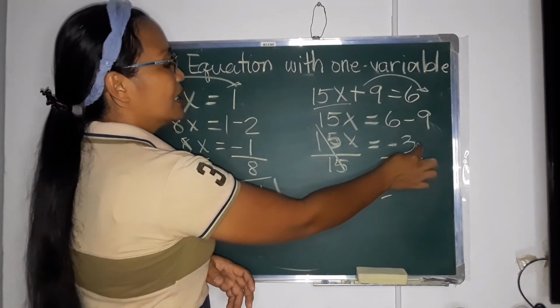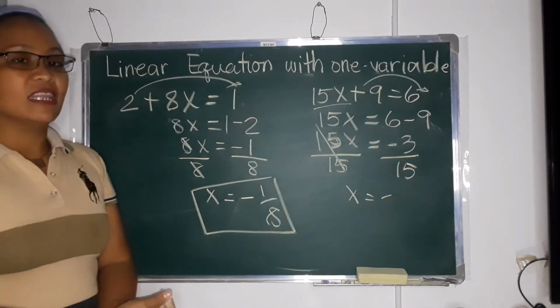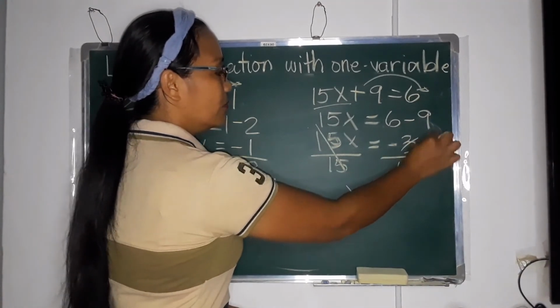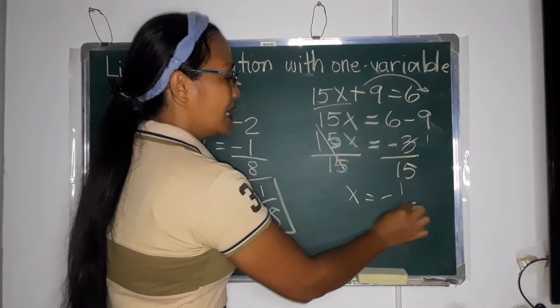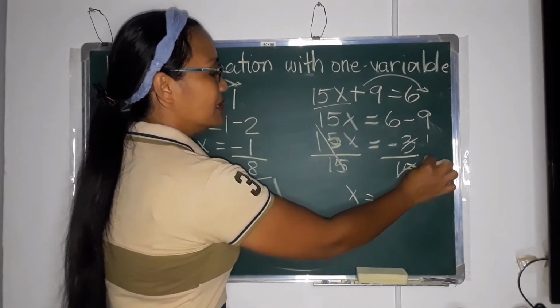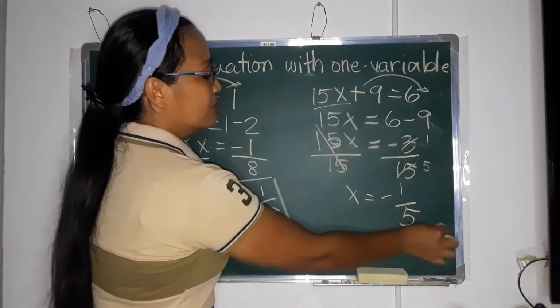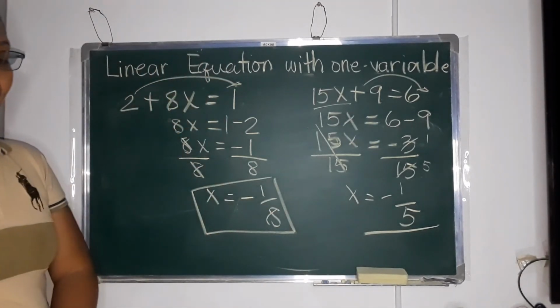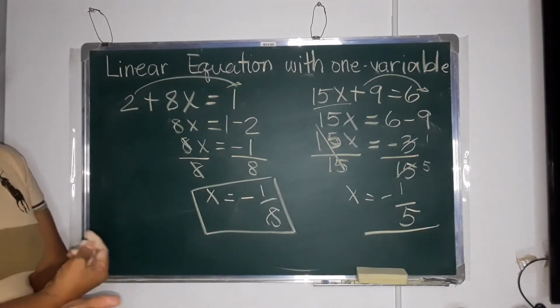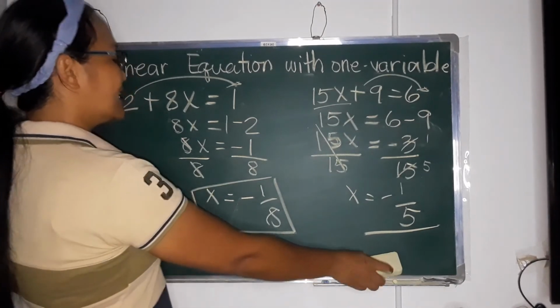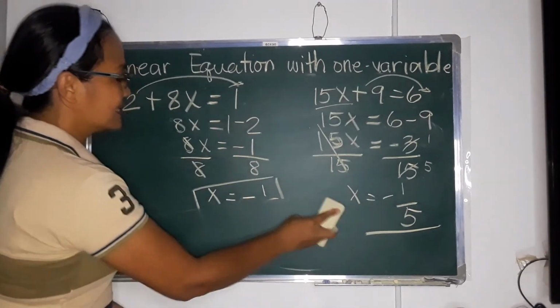And then numerator and denominator are both divisible by 3. So 3 divided by 3 is equal to 1, and 15 divided by 3 is equal to 5. Therefore, the value of x is equal to negative 1/5. Okay, got it? Okay, next, I'm going to give you the last example.